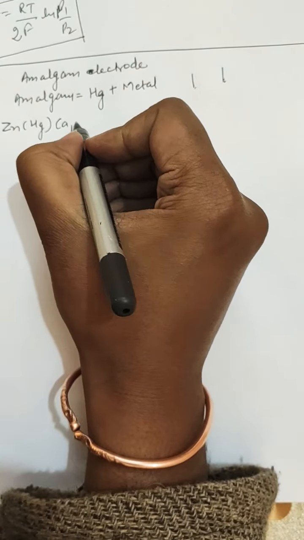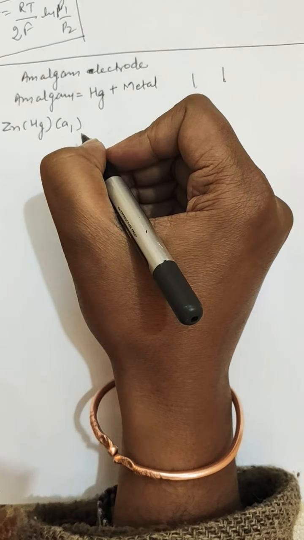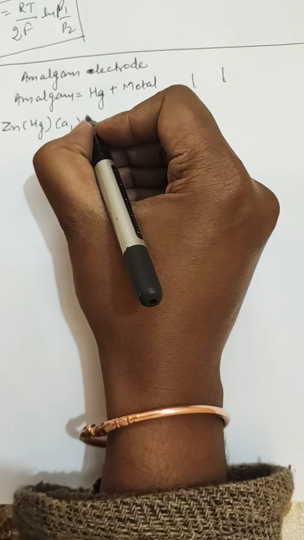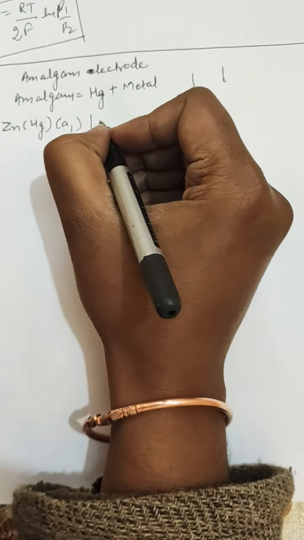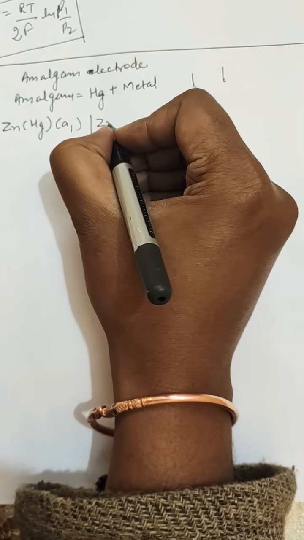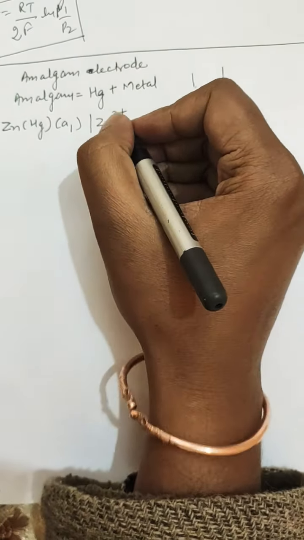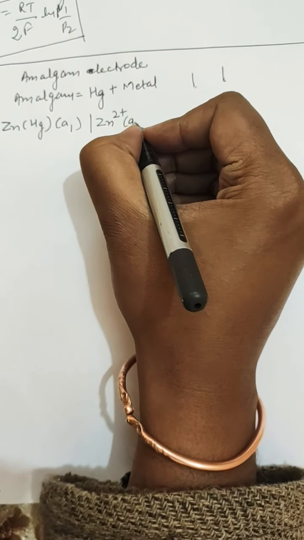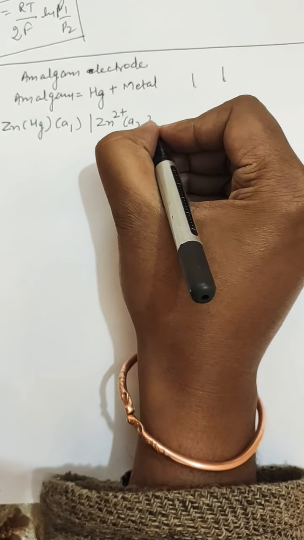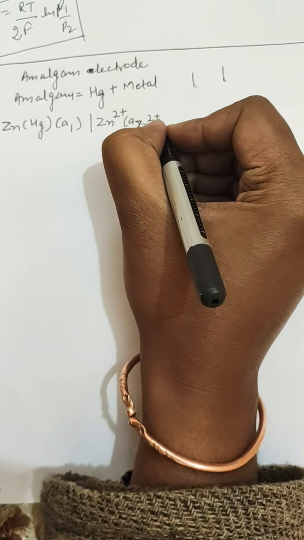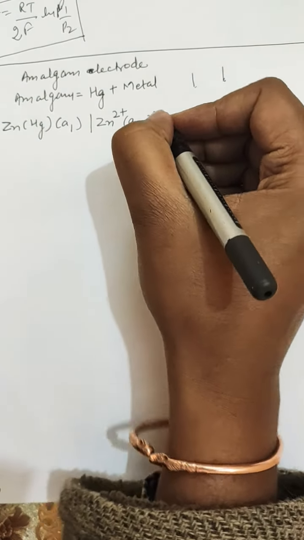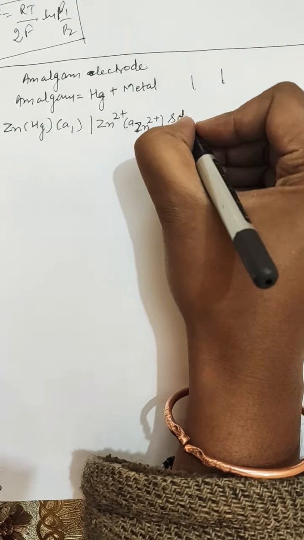its concentration is expressed in the form of activity, that is A1, and this is the half cell, and zinc 2 positive, that is zinc sulfate, and its activity is A Zn2 positive. Its solution is taken.